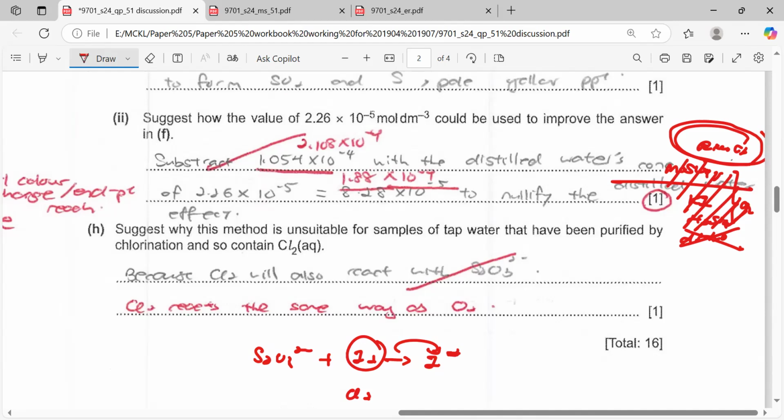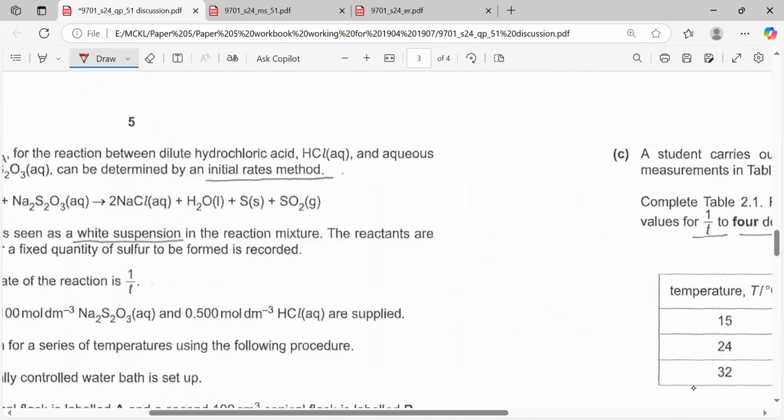If you have chlorine, the sodium thiosulfate will also react with the chlorine to give you chloride. Correct or not? That was me. They say chlorine reacts in the same way as oxygen. Perhaps I'll still get my mark, because we don't really need to know exactly what happened. All right, done. Let's go to question number 2.